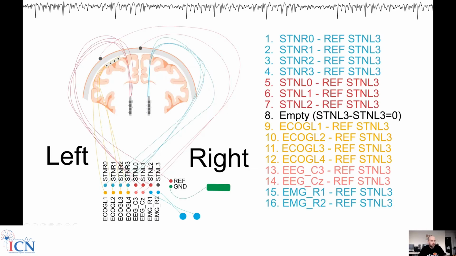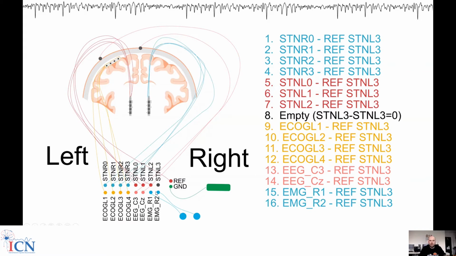Another way to do it is to record common average reference. Some hardware can do that, and the TMSI Saga can also do that. You can choose in the software the setting that you don't want to add an additional reference, but you want the common average signal to be the reference. But I would advise not to do that, because then it's a really strange mix of signals when you have EMG, ECOG, and STN all together.